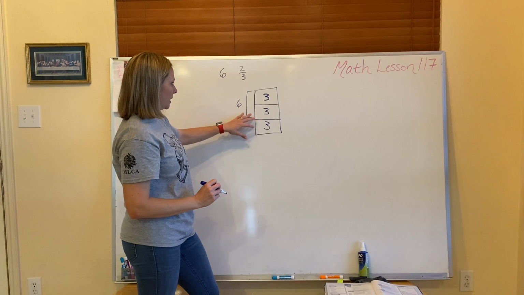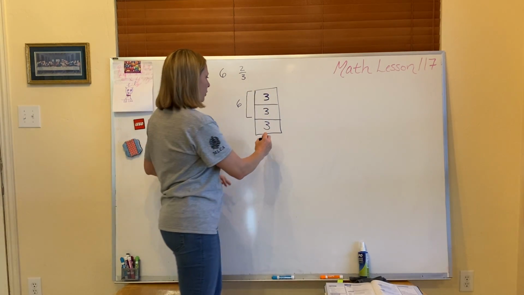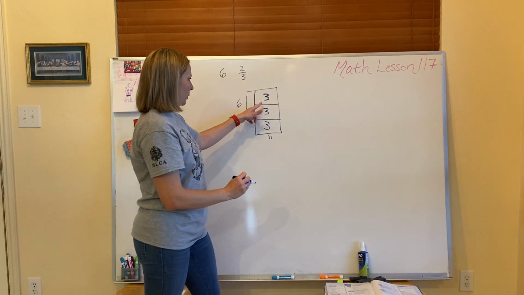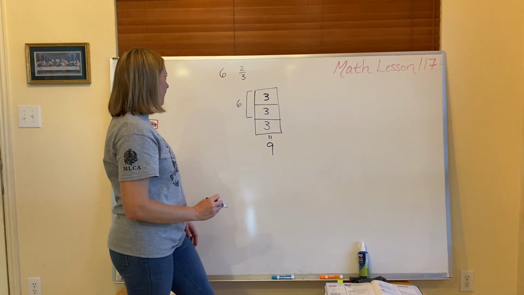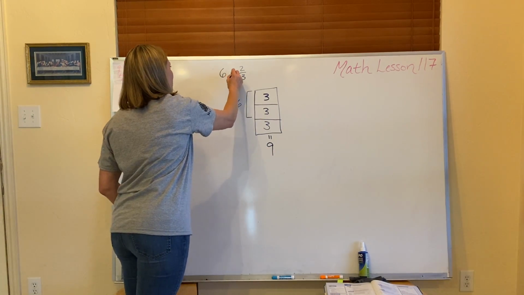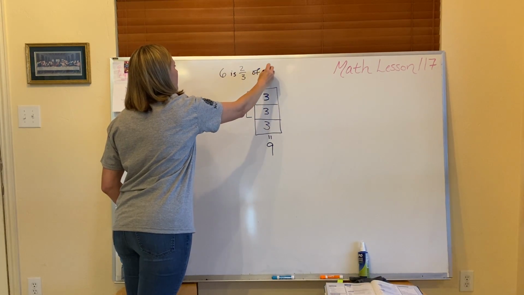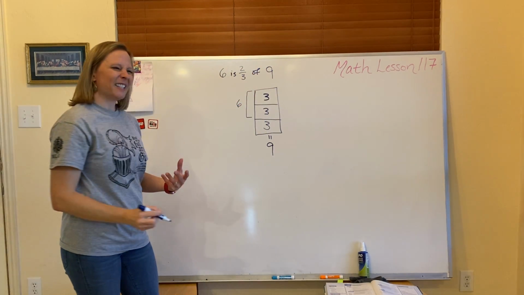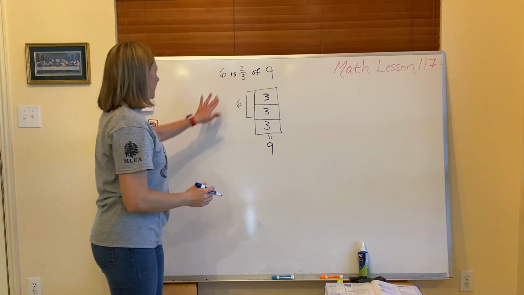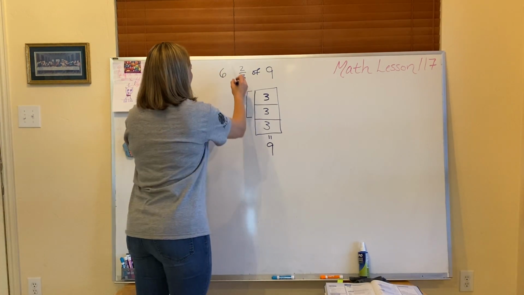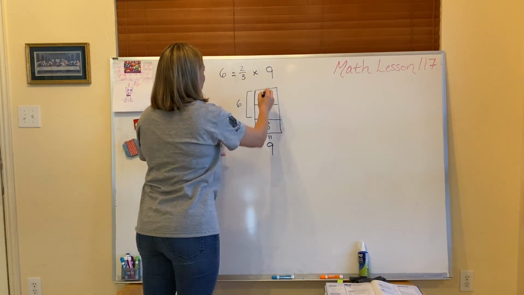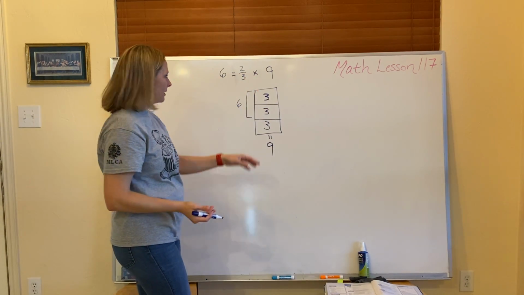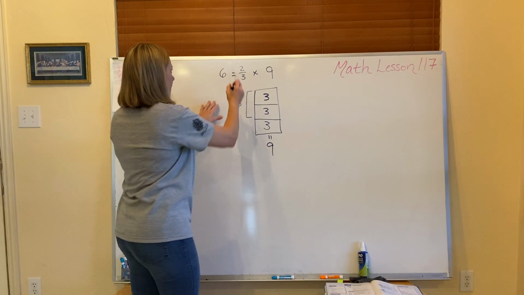We can see 6 is 2/3 of what number? What is our total? 3 plus 3 plus 3 is 9. Okay, so 6 is 2/3 of 9. That's the same as saying 6 equals 2/3 times 9, right?